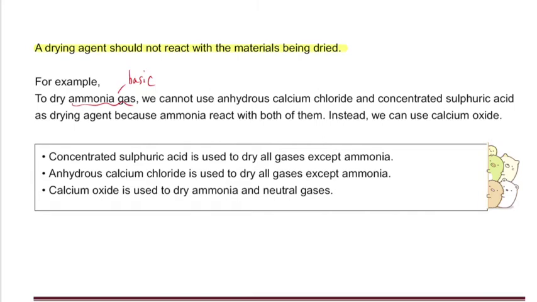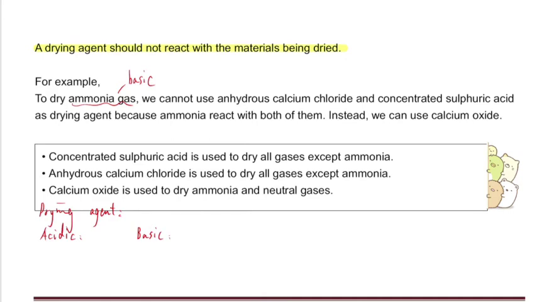So here I will help you find out what kind of drying agent is suitable for what kind of gases. Only common examples will be listed here. First of all, for drying agents, we can separate them as acidic drying agents and basic drying agents.